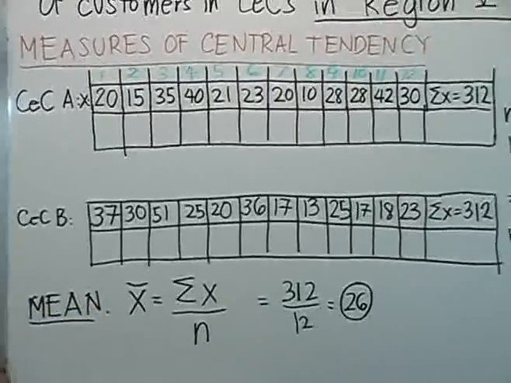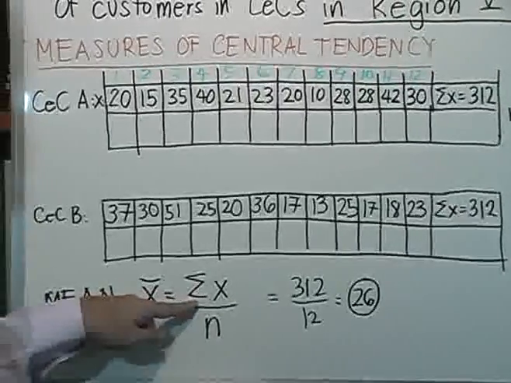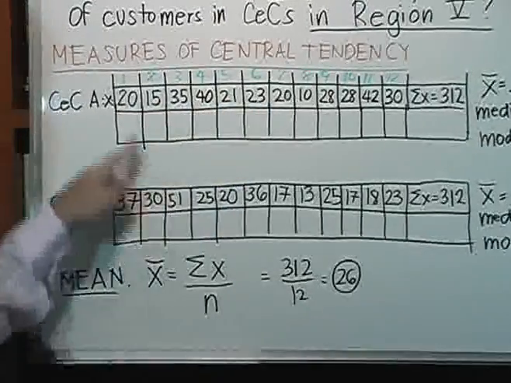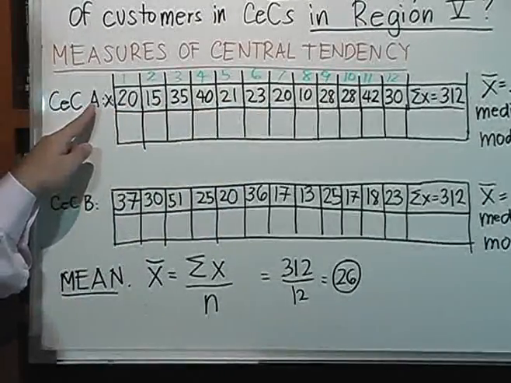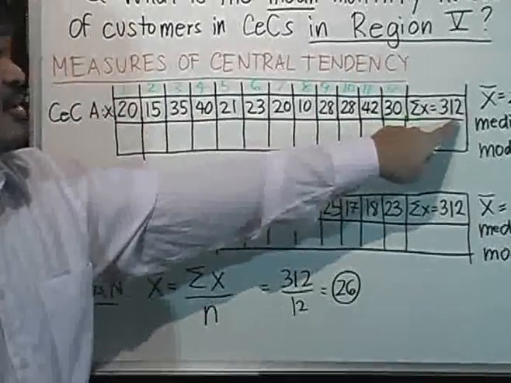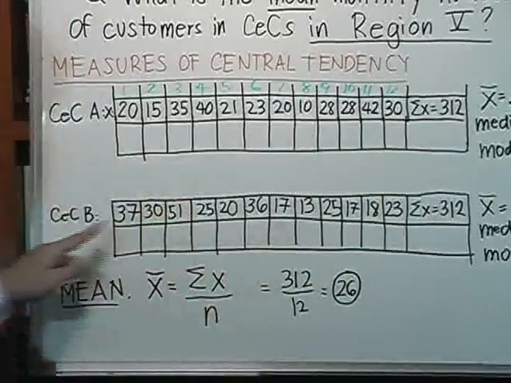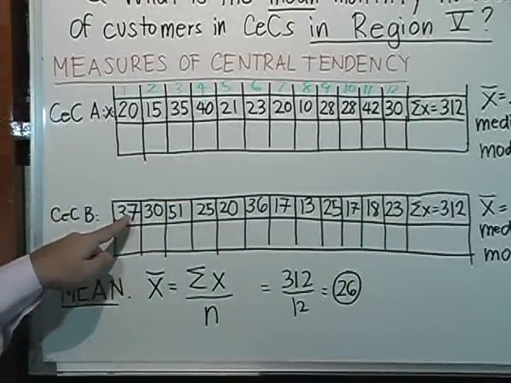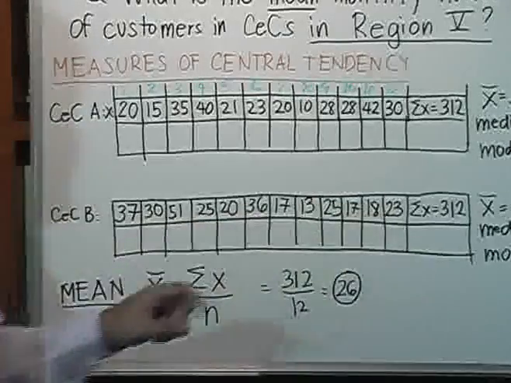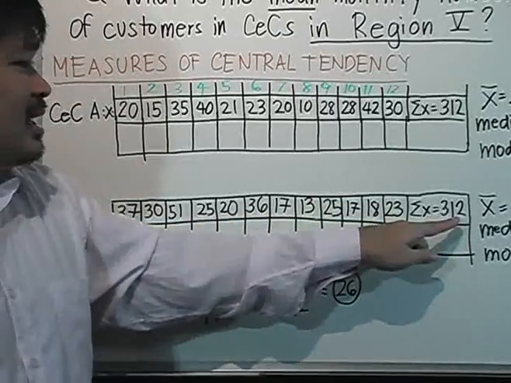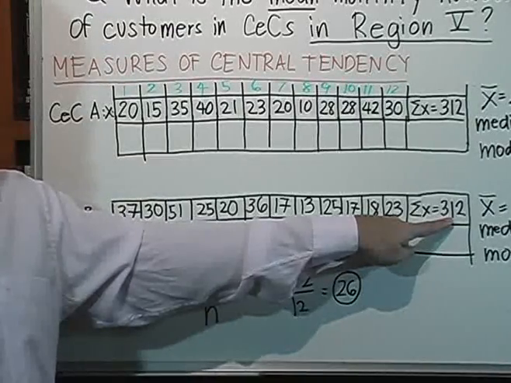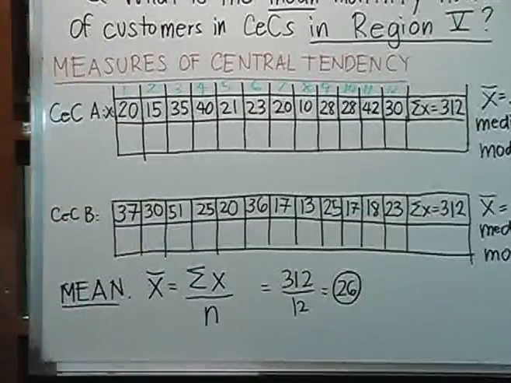In getting the mean, you just get the summation, or you total all the observations. In this case, the total of the observations on CEC-A is 312, right? In CEC-B, you also got the individual observations for every month of the year. And if you total them, luckily enough, you get the same summation, which is also 312.